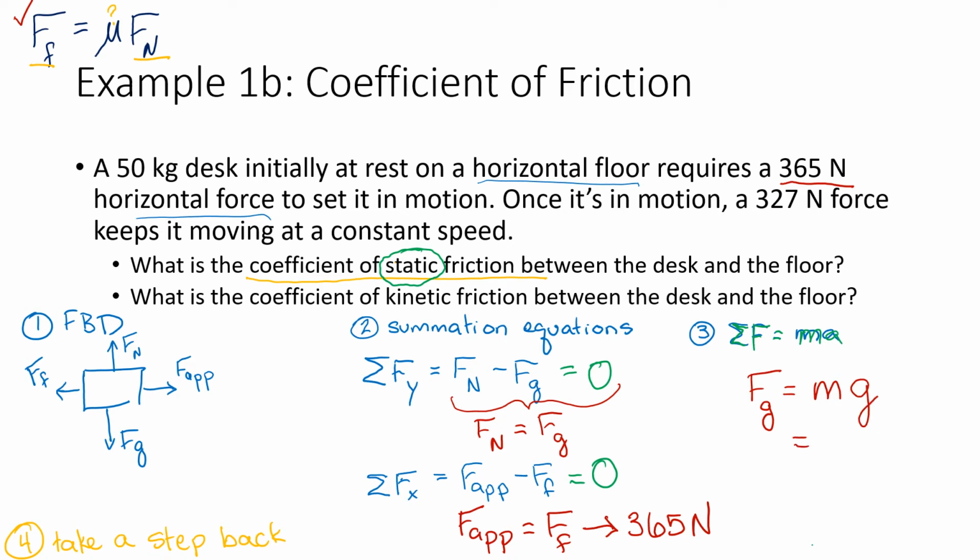The object's mass is 50 kilograms, and we're sure that it's its mass and not its weight, are we? How do we know it's the mass and not the weight? Because it has the units of kilograms. So 50 kilograms times 9.81 is 490.5 newtons.